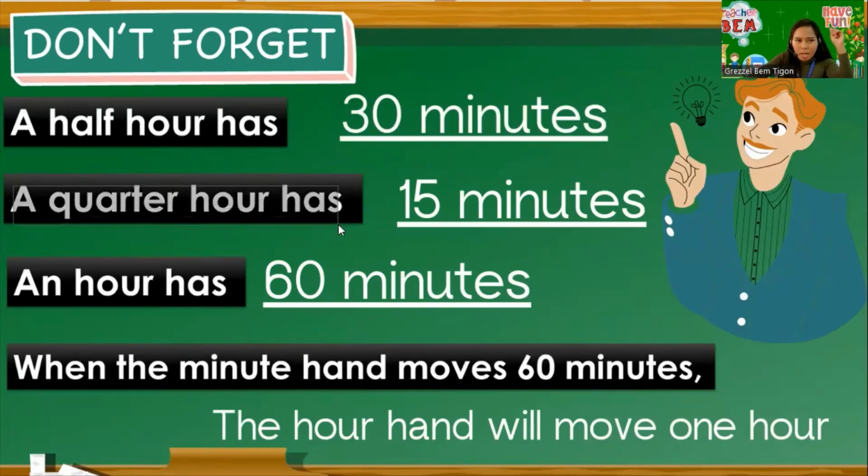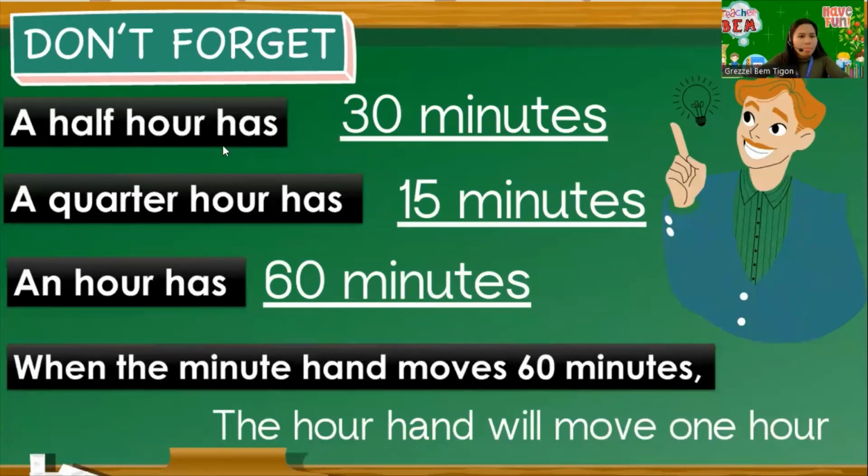A quarter hour has 15 minutes only, not 45, but 15 minutes when we say quarter. And an hour has 60 minutes. So when the minute hand moves 60, the hour hand will move 1 hour.